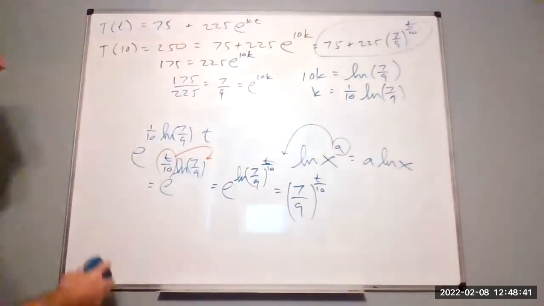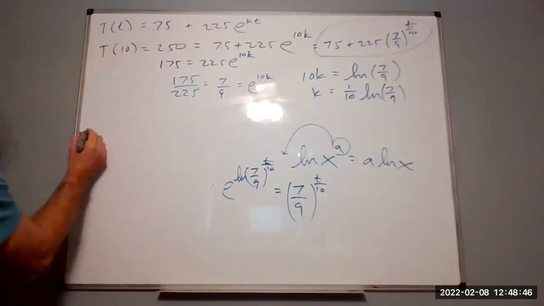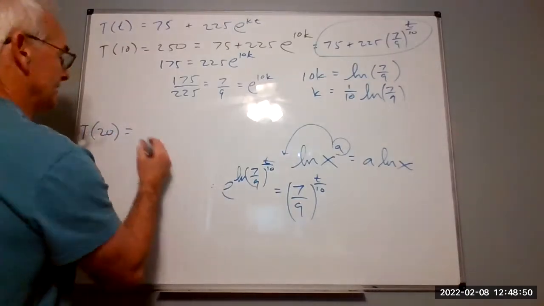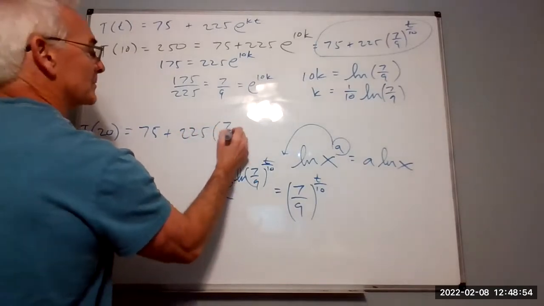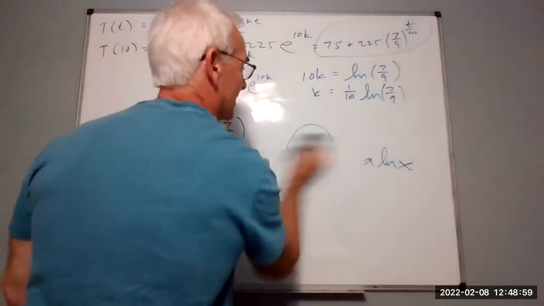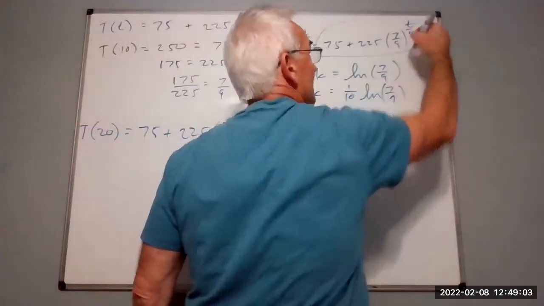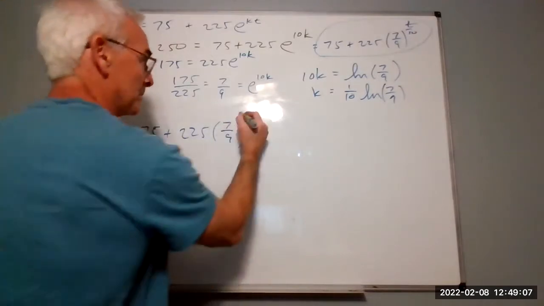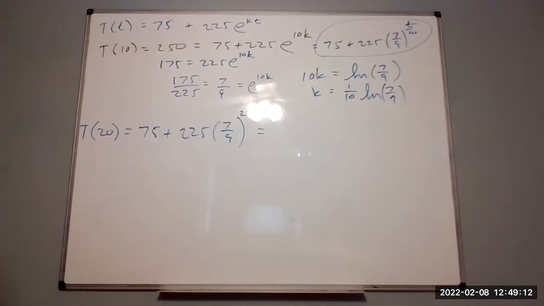So in 20 minutes, T of 20, I'm going to replace t with 20, is 75 plus 225 times 7/9 to what power, folks? If I replace t with 20, I have 20 over 10. That's just second power.